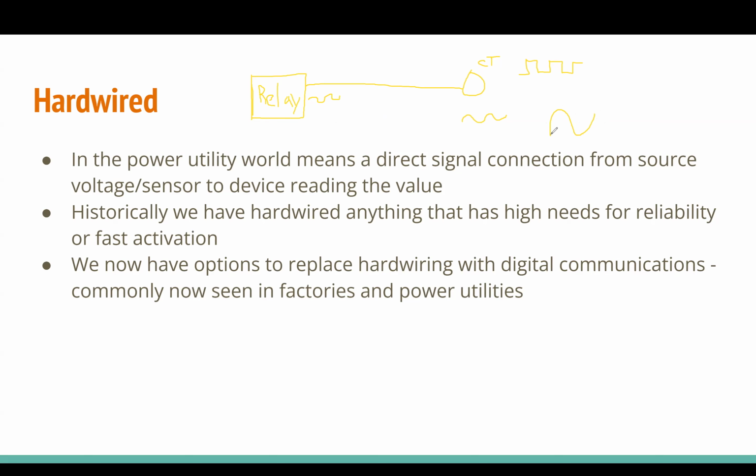But in reality, we actually see little waveforms riding on that, and over time it does get a bit distorted. So we have to deal with that, and when it's hardwired, we have methods, like knowing what our line distances can be. But we actually have to send it at a pretty high voltage and current. Generally, we don't use low voltage values for this, so that we do get a high reliability.